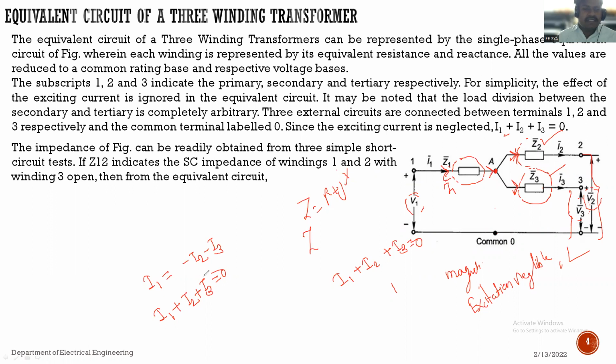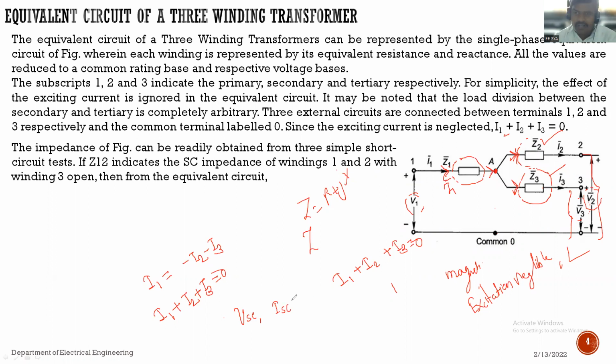That means we connect a short circuit and find the short circuit impedance. In the transformer short circuit test, we found the impedance. If you remember this, we calculated the short circuit voltage and the short circuit current.